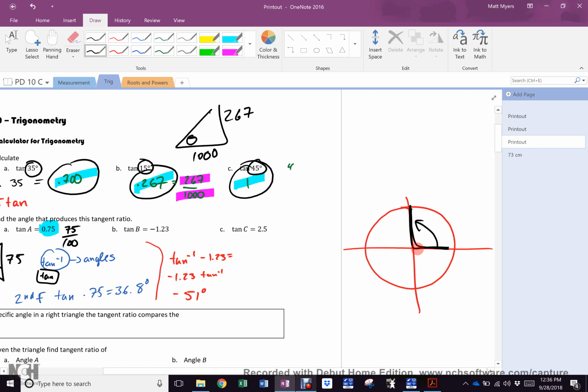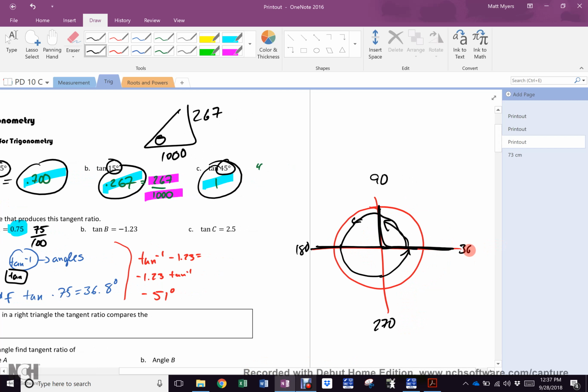So this angle straight out here is an angle of 0. This straight up here is 90. What if I go past 90? What's this? 180. What's this? 270. And what's this? 360.